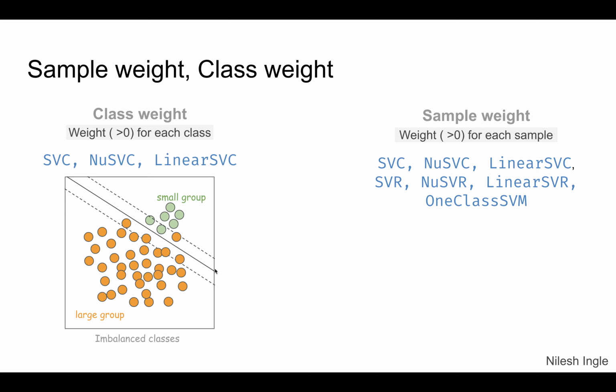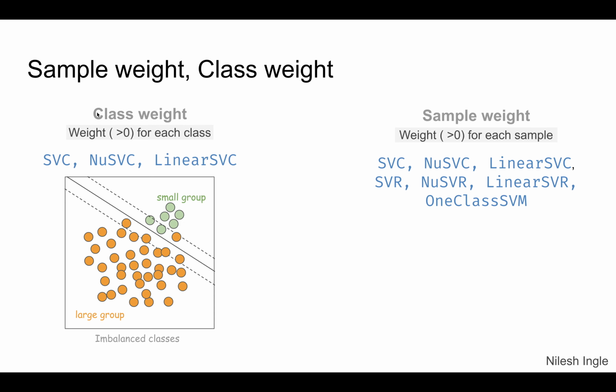Here, with and without class weights, it could make a difference to get a correct decision boundary between those data points. So what the class weight allows is that we can give more or less weight depending on which class is a majority or minority in the data set.